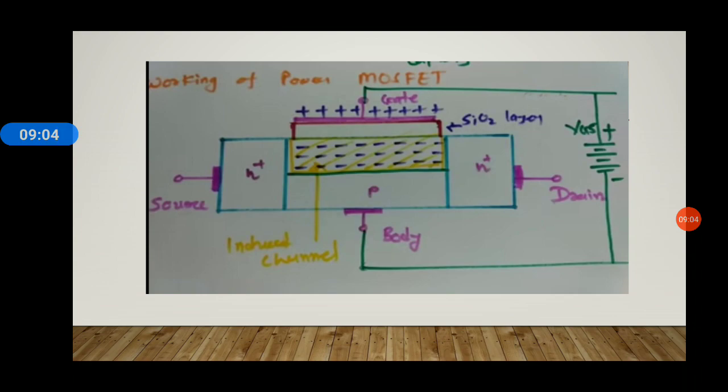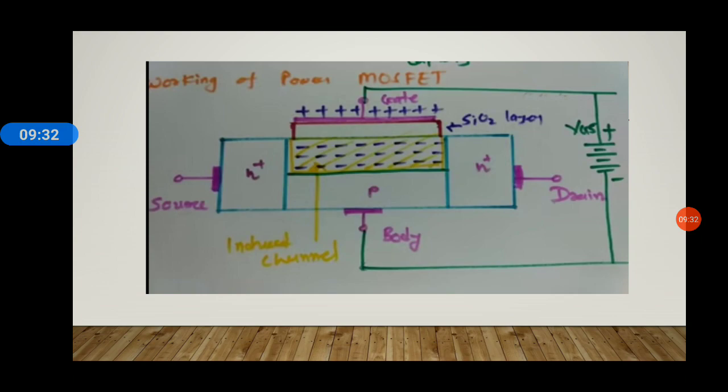Or we can understand it in this fashion also. In the P-type layer, whenever you are giving VGS and keeping on increasing VGS, what will happen? The negative charges or the electrons will get attracted to the positive voltage and will be accumulated at the top layer of the P-type body.